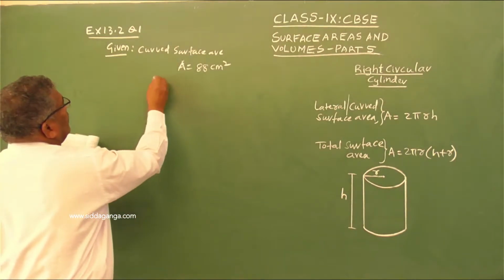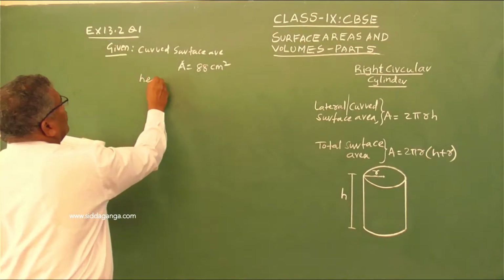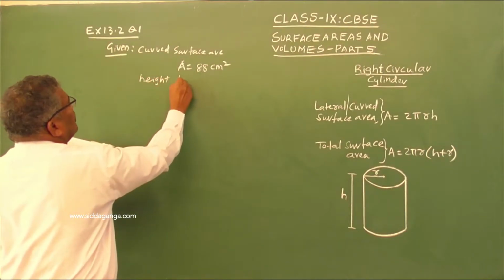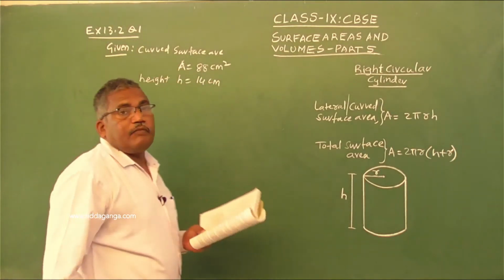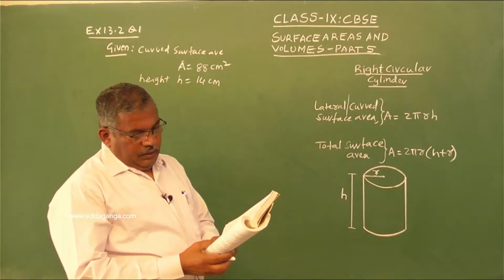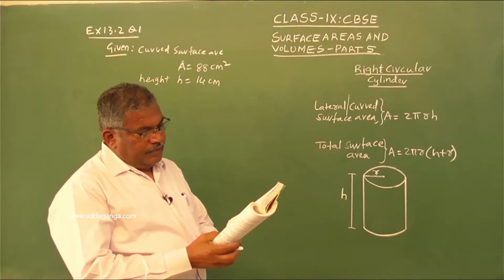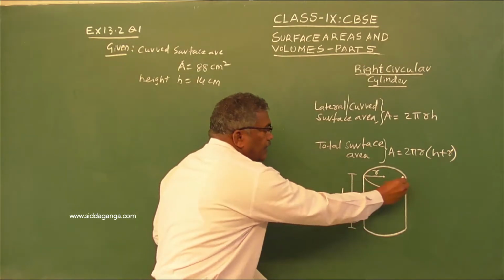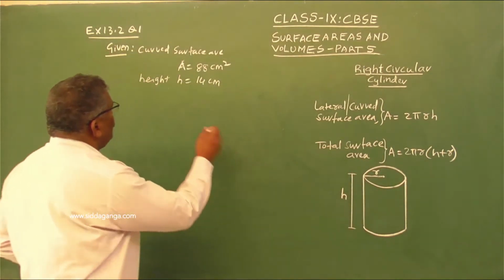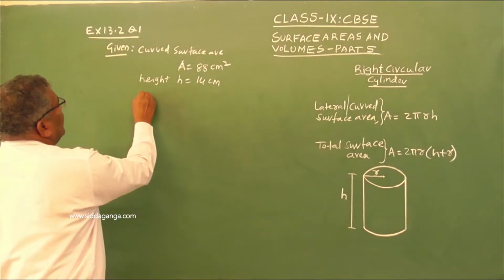So that is height h is equal to 14 centimeter. Now find the diameter of the base of the cylinder. So we have to find out the diameter.